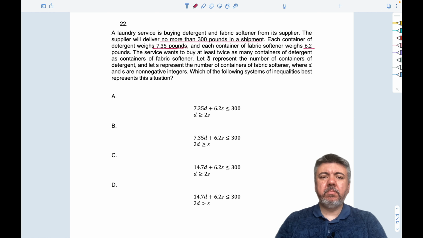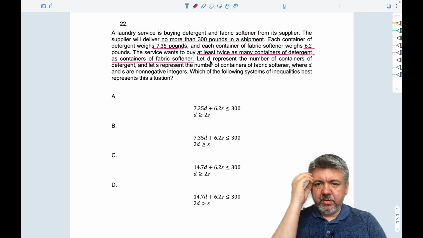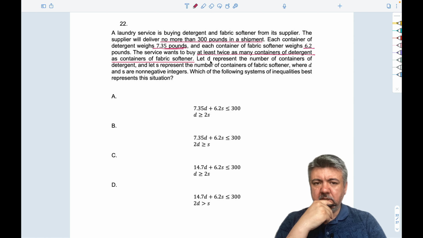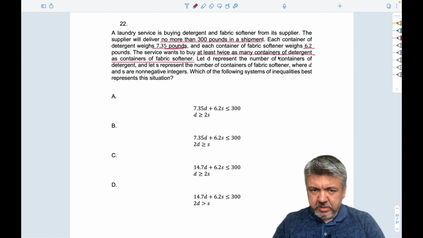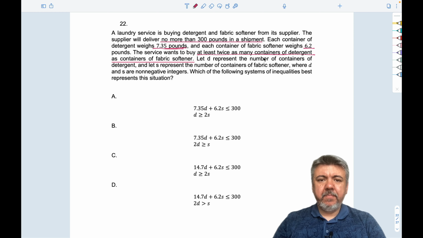The service wants to buy at least twice as many containers of detergent as containers of fabric softener. Let D represent the number of containers of detergent and let S represent the number of containers of fabric softener, where D and S are non-negative integers. Which of the following systems of inequalities best represents the situation? A very complicated question it looks like.